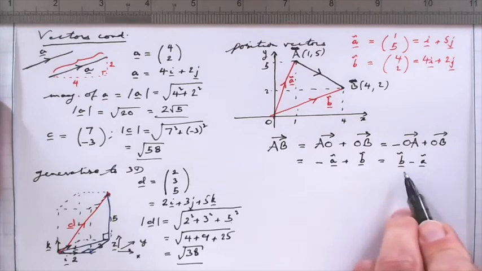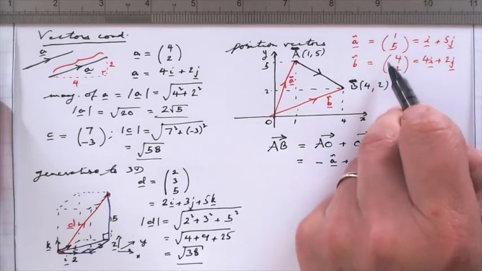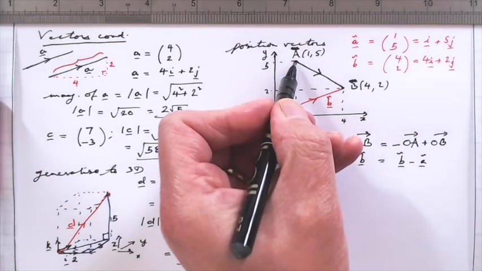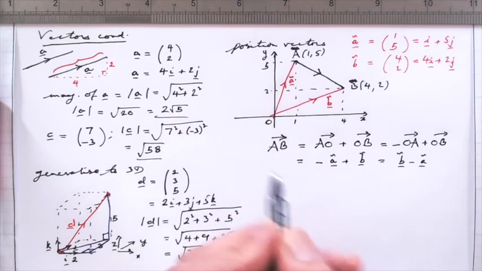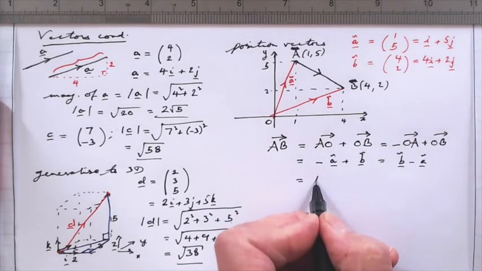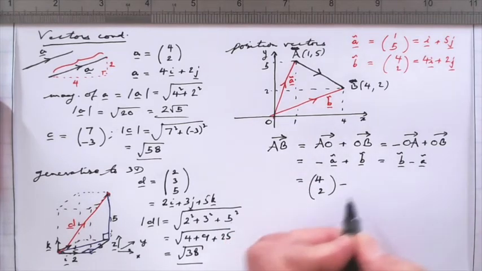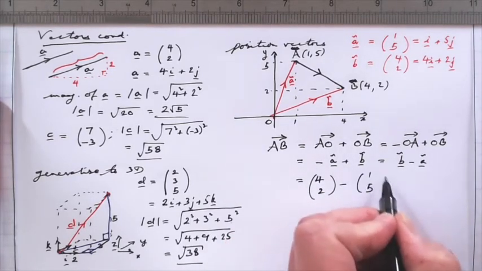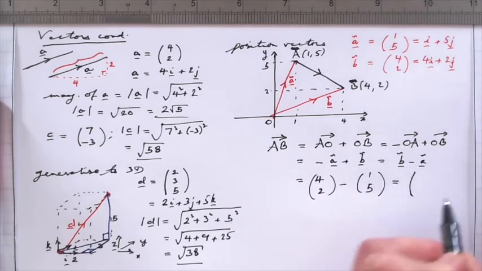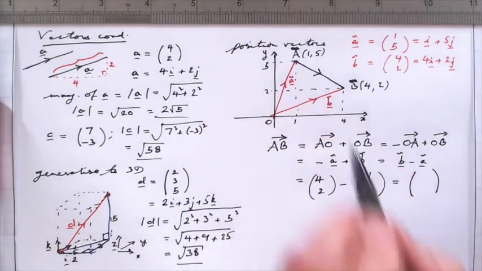We can get this directly from our vector component forms. The vector of the line segment AB we can write as B tilde, (4, 2), take away A tilde, (1, 5). All of a sudden we have a very simple vector form for this line segment.